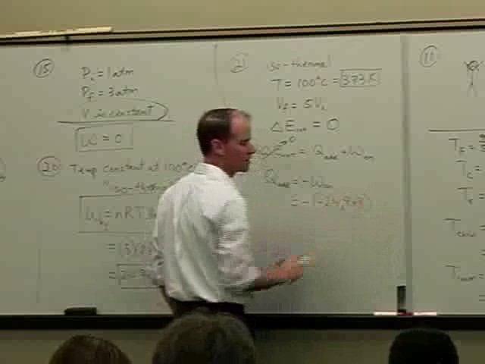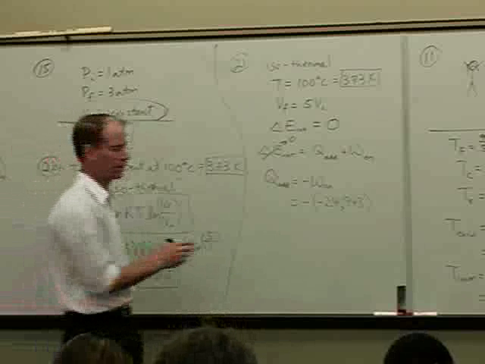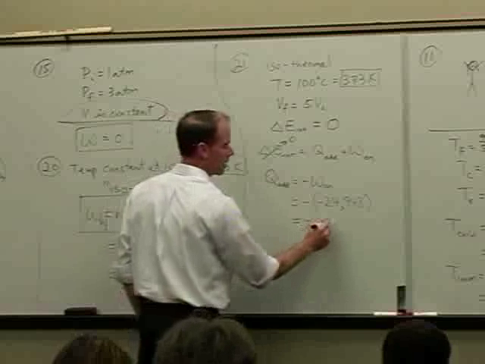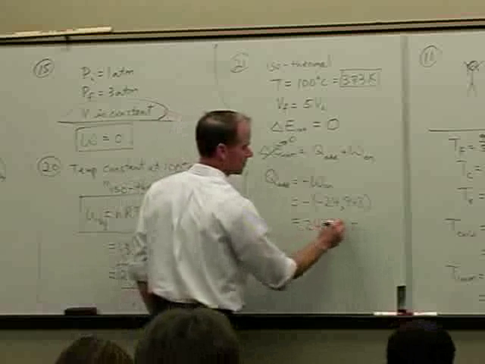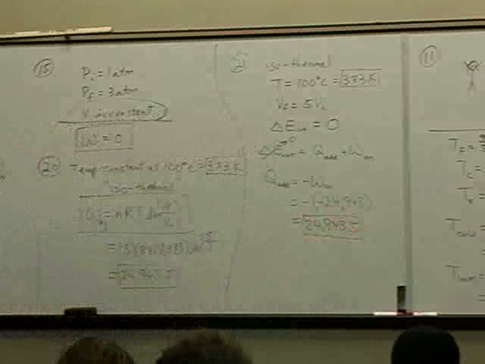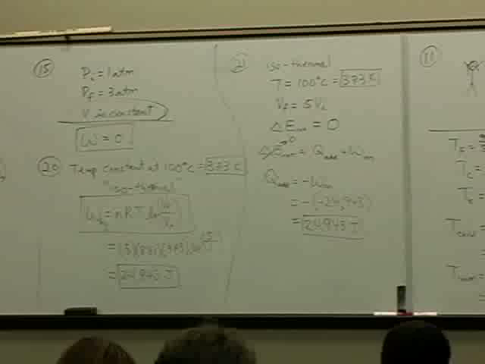Because if the gas does work, then the work done on it will be negative. So negative times negative is positive: 24,943 joules will be the heat added to that system in order for it to expand and do work itself. So the same answer as 20.